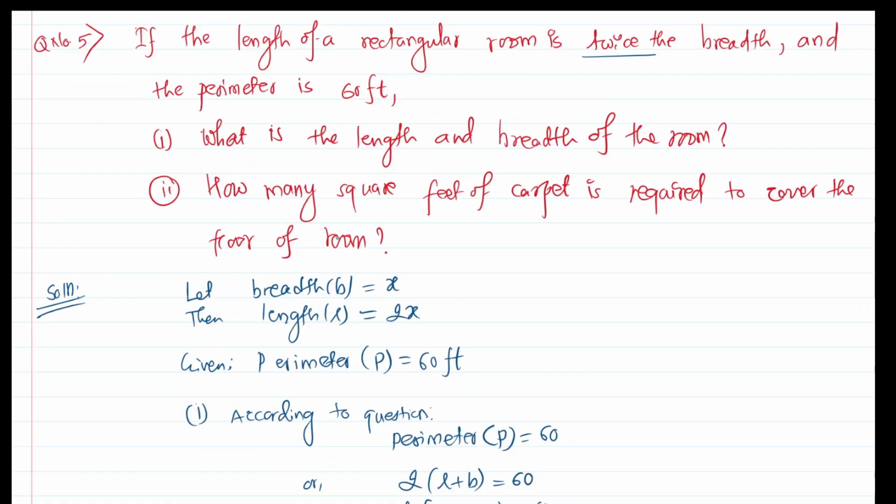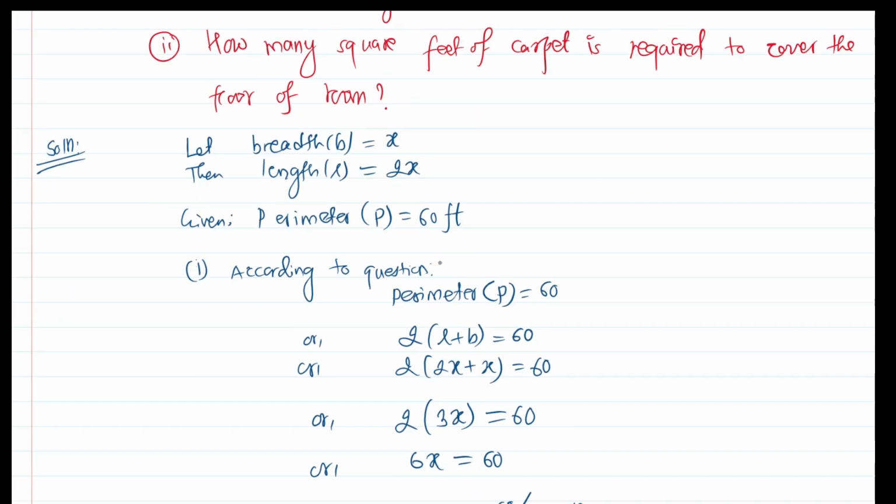And in the second question, how many square feet of carpet is required to cover the floor of the room? So we have to find the area. Square feet means we have to find the total area of the room. To cover the floor of the room completely, the area of the carpet should be equal to the area of the floor.